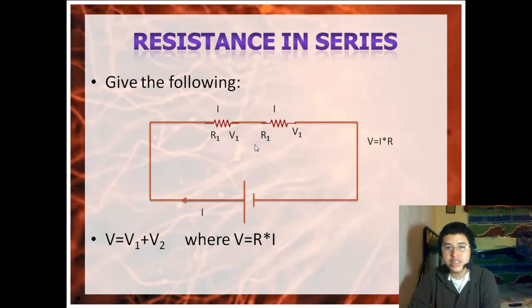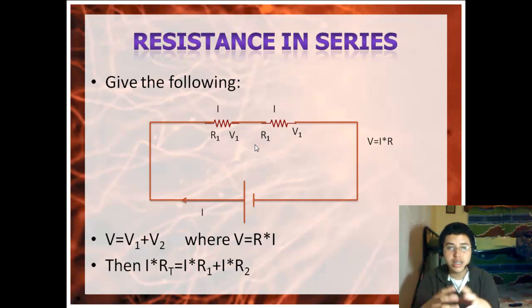Since the voltage equals V1 plus V2, or the sum of all the voltages present, and also voltage equals the resistance times the current, we can say that the current times the total resistance equals the current times the first resistance plus the current times the second resistance.